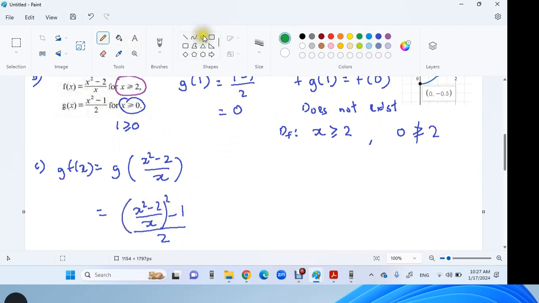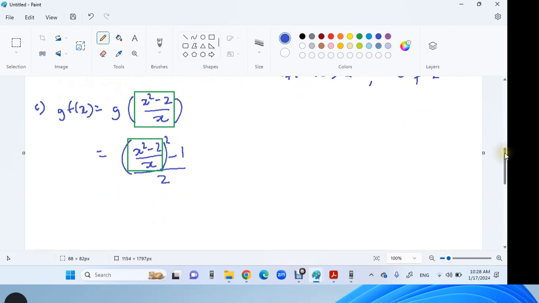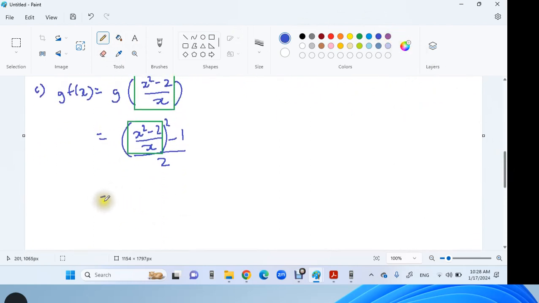Because we have g, this will be this squared minus 1 over 2. So it will become x to the power 4 minus 4x squared plus 4 over x squared, minus 1, and the whole thing over 2.